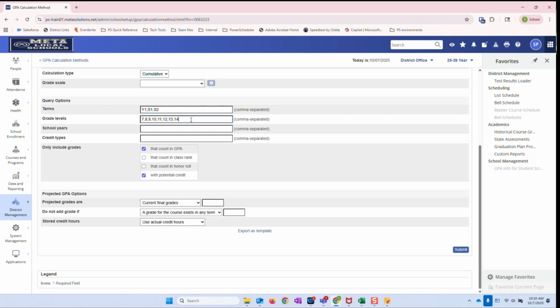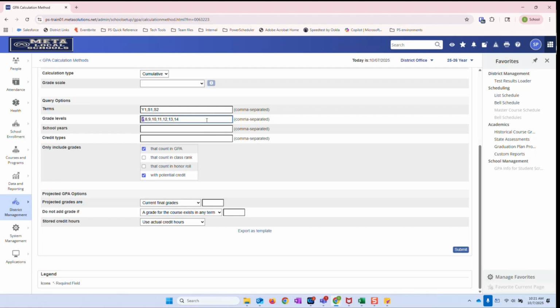Grade levels. So again, this is a cumulative GPA calculation. And something to consider is which courses of which grade level should be considered. When a student was in 7th grade, is it possible that a high school student, when he or she was in 7th grade, may have had a semester or year-long grade that would calculate into their cumulative GPA?